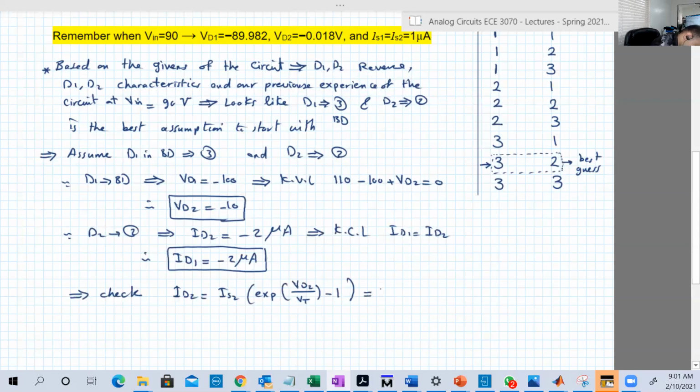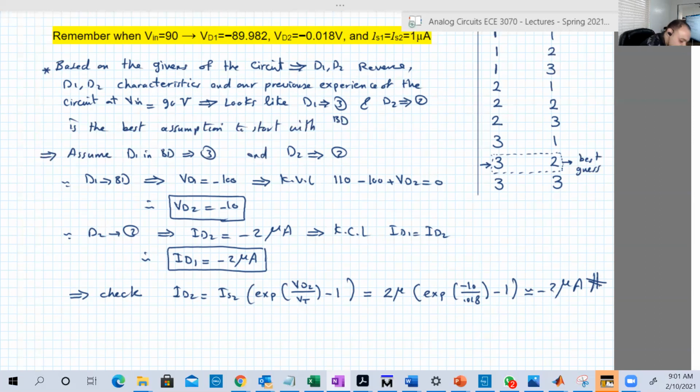If we just substitute, this is 2 microamperes, then exponential minus 10 over 0.018, minus 1. This is minus 2 microamperes, just like what we concluded before. So everything is matched now.